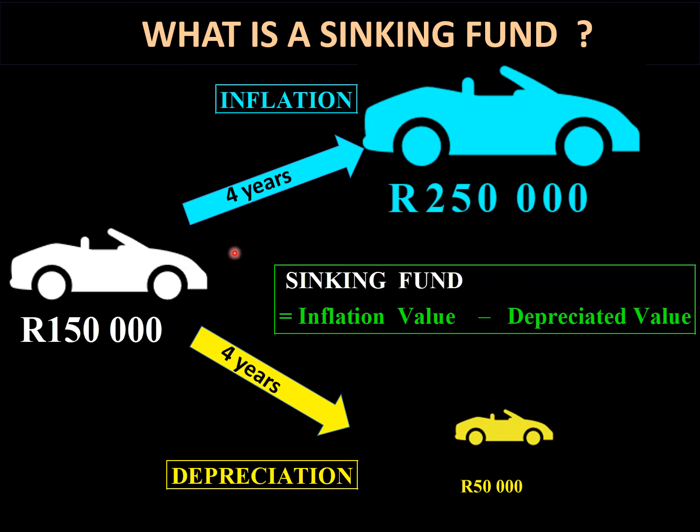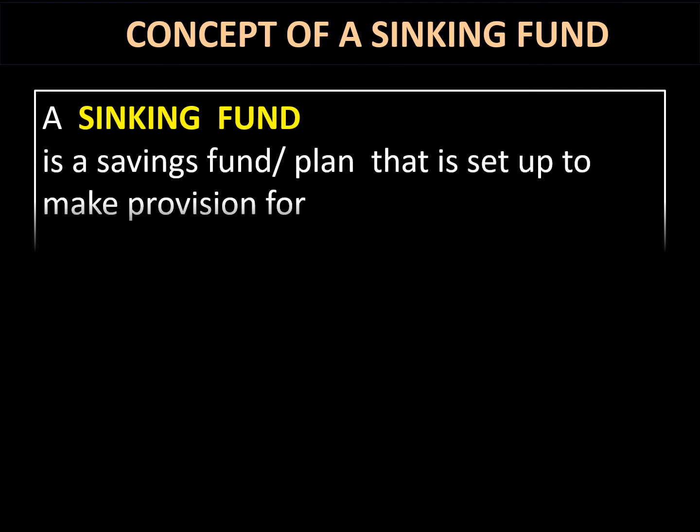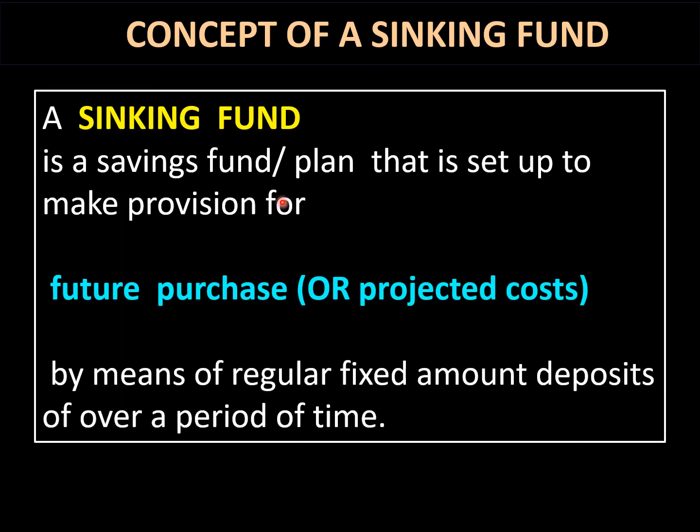So they want to plan ahead 4 years in advance, so that at the end of the 4 years, they can buy the machine and they would have that 200,000 Rand available. That's the whole idea of a sinking fund. Let's go over that again. A sinking fund is a savings fund or plan that is set up to make provision in advance for a future purchase or projected costs by means of regular fixed amount deposits over a period of time.